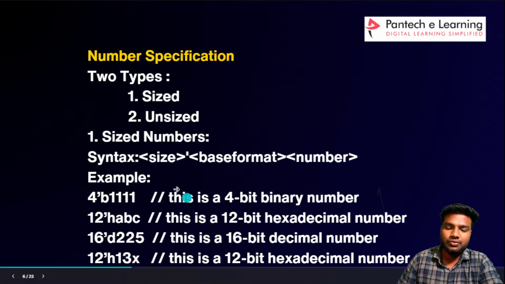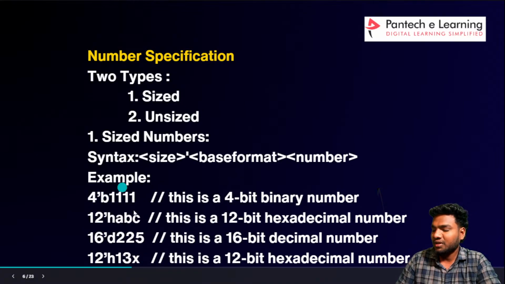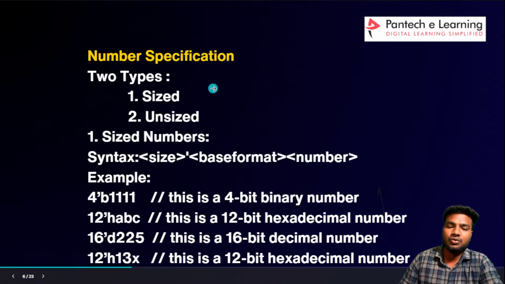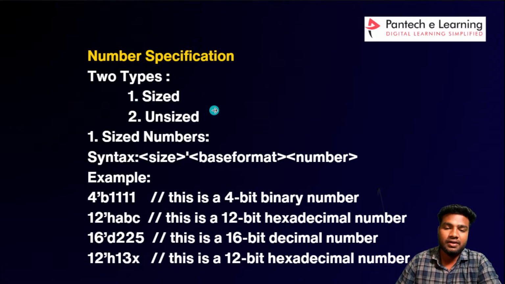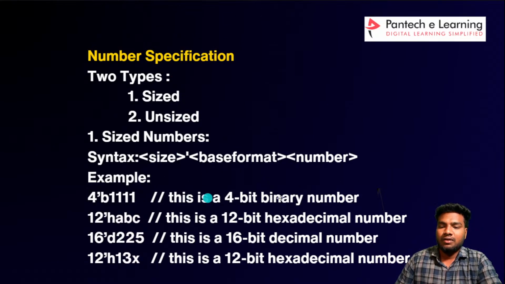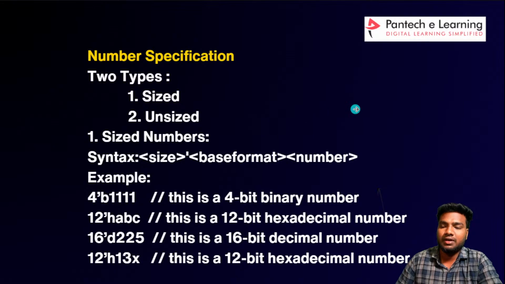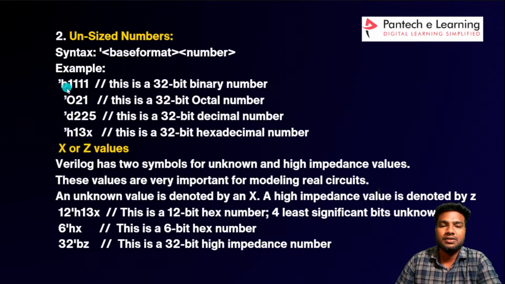Okay, let's continue. So these are the number specifications in Verilog. We can use size for the number of bits. Let's move to the unsized numbers. Here, if you don't give the size of the number, like here I'm giving the 4 but here I didn't give any number, it means unsized.